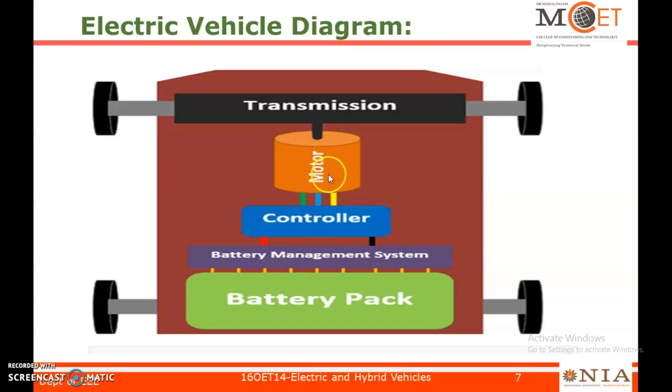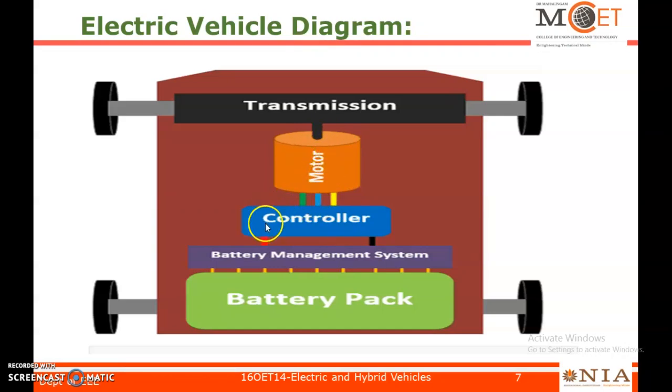For small range applications, we will use the permanent magnet brushless DC motor. When large range applications are concerned, then we will make use of the permanent magnet synchronous motor. So this power electronics controller or converter can be selected based upon the type of the motor to be used in the electric vehicle drive systems.